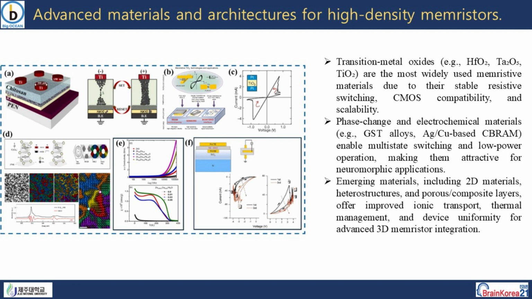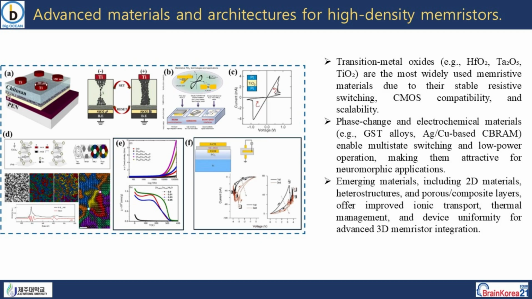In this slide, we will discuss which materials are suitable for 3D memory. In 3D memory, transition metal oxides such as HfO2 and TiO2 are the most widely used memory materials due to their stable resistive switching, CMOS compatibility and scalability.